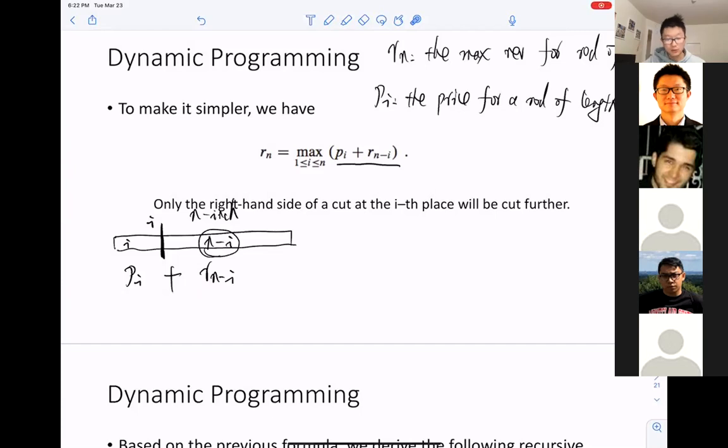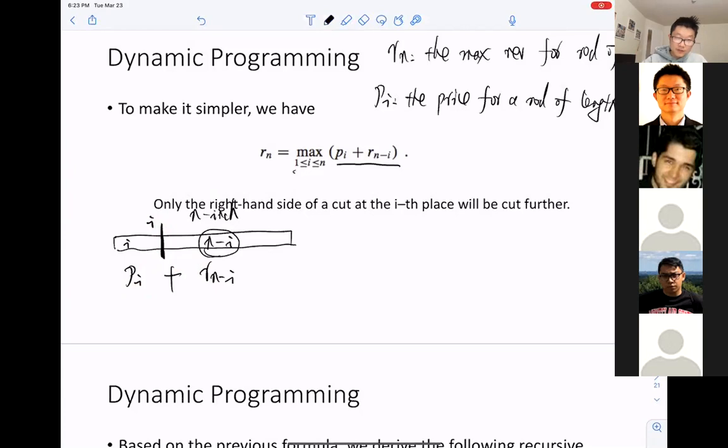Yes. Okay. So here, the leftmost cut at the ith place. Now instead of enumerating all the possibilities, we only need to worry about all the possible places of the leftmost cut. That's why we have this equation.